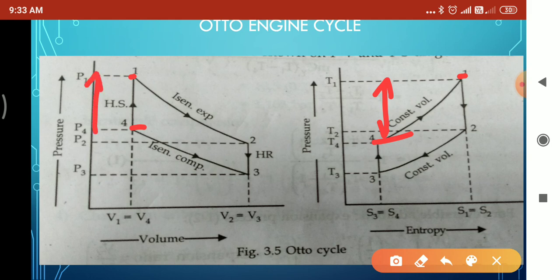Heat is supplied from the external source to the system, means heat is supplied to the air from an external source.